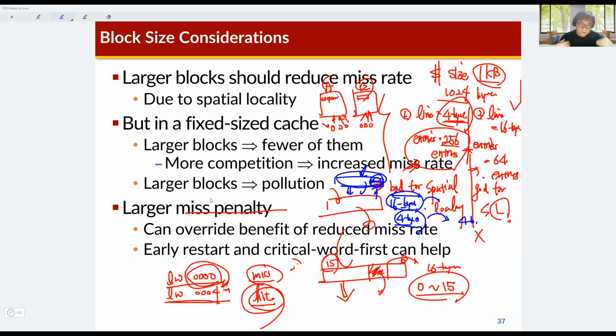But what is the disadvantage? It is the large miss penalty. I explained that when a cache miss happens, the cache requests an amount of data equal to the size of a single cache block from the low-level cache. So if the size of a single cache block is 16 bytes, then the cache needs to request 16 bytes of data from the low-level cache.